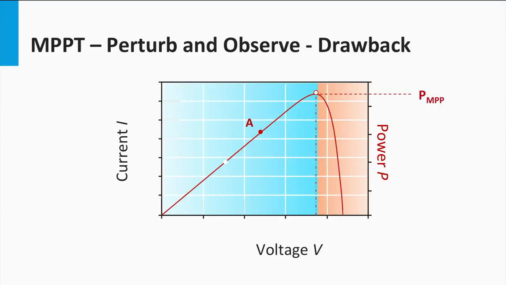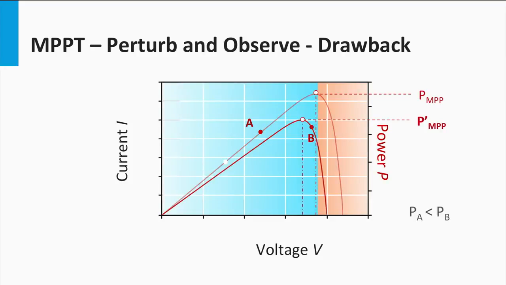However, as the illumination changes rapidly before the next perturbation, it shifts the operating point to B, while the new maximum power point actually moves to the left of B. This can be severely erroneous because the algorithm has now reached a point B such that the power at B is larger than the power at A. But the maximum power point still lies to the left of point B, which makes the algorithm think that the maximum power point is to the right of point B.